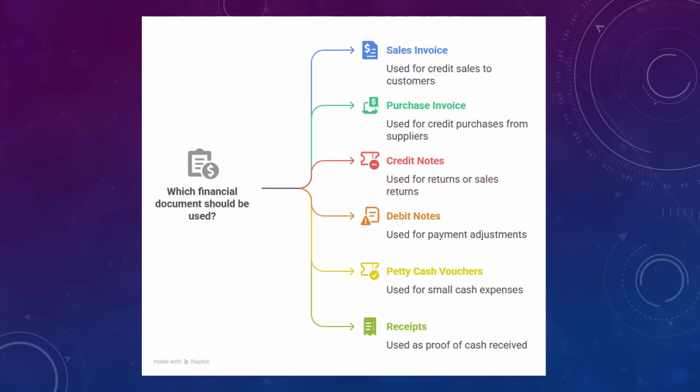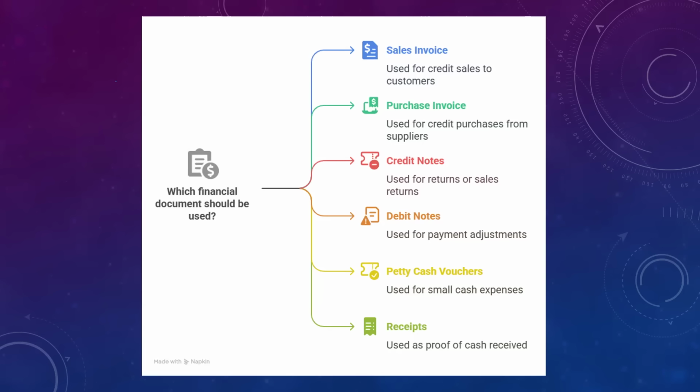If I purchase something on credit, I would receive an invoice, and that will be a purchases invoice. When goods are returned, we use credit notes. So if I return something, I would receive a credit note. If something is returned to me, I would give them a credit note.